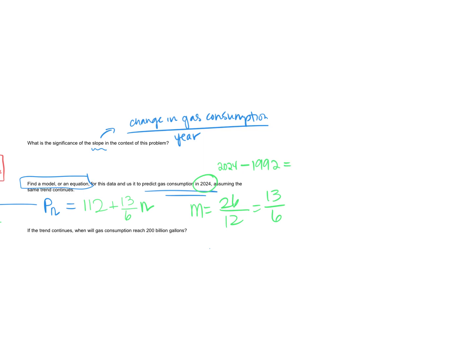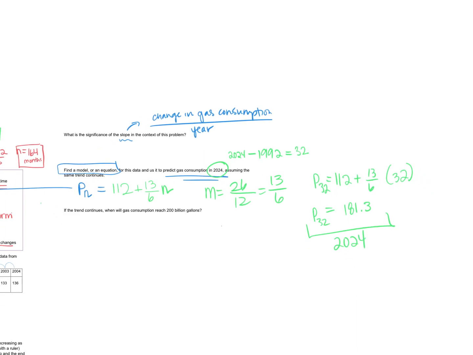That would tell us how many years we're talking about. So we have 32 years. According to our little formula, P32 would be equal to that initial plus, with this rate of change, 13 over 6 times 32, which would be about 181.33333. So I'm going to round off to about 181.3 would be what we would expect in the year 2024.